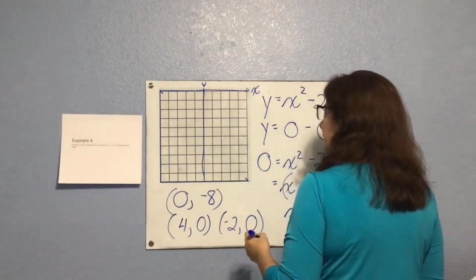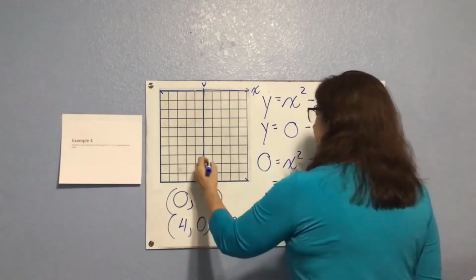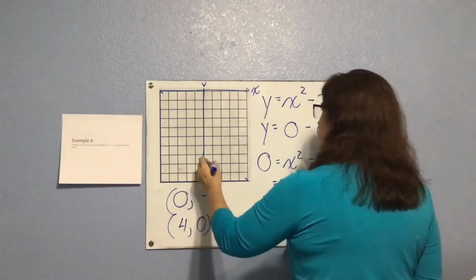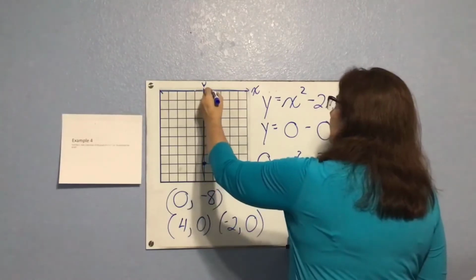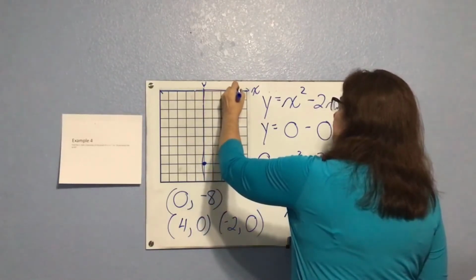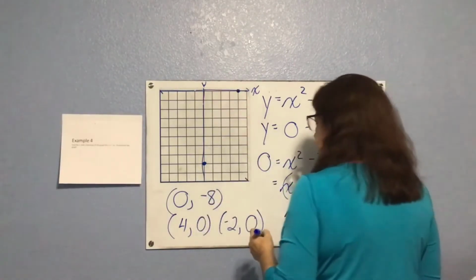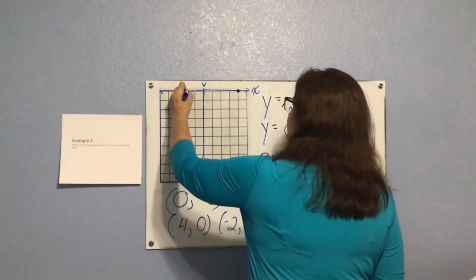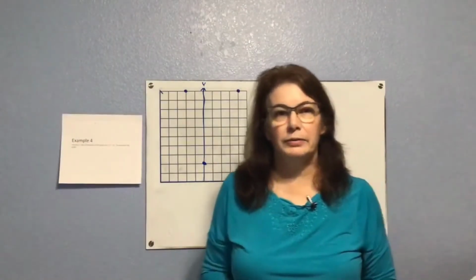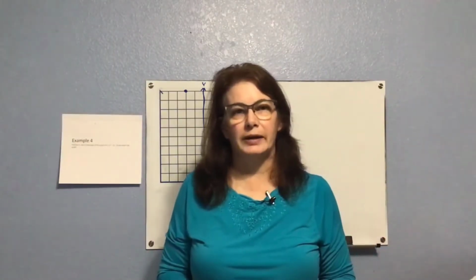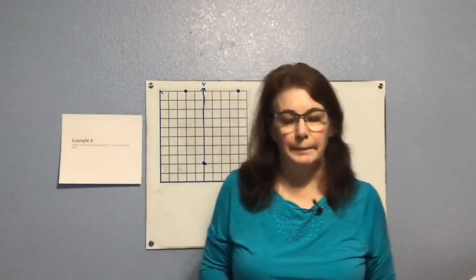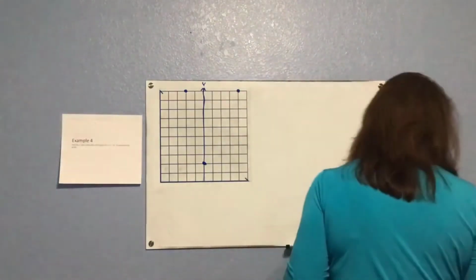And now I should be able to graph all these points. 0, negative 8 is going to be right here. 4, 0. 1, 2, 3, 4 is here. And then negative 2, 0 would be over here. These 3 points don't really give me quite enough to graph a parabola, so I'm going to pick some points in between them and graph those as well.